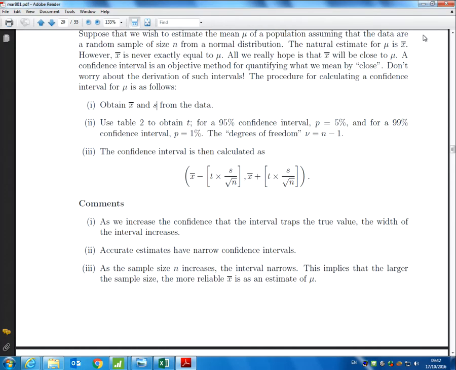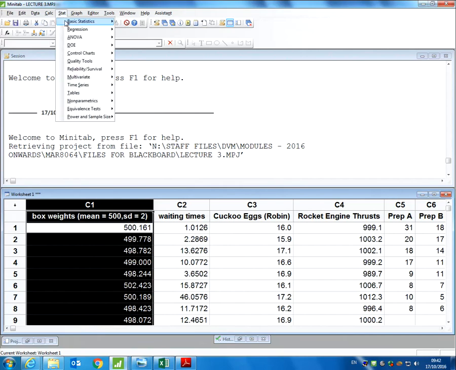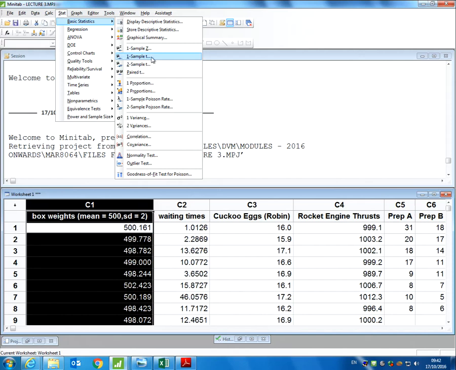You do have the equation in your notes. You'd be crazy to use it though when Minitab does it for you. You'll be doing this in the computer practical. Stat, basic statistics, 1 sample t.